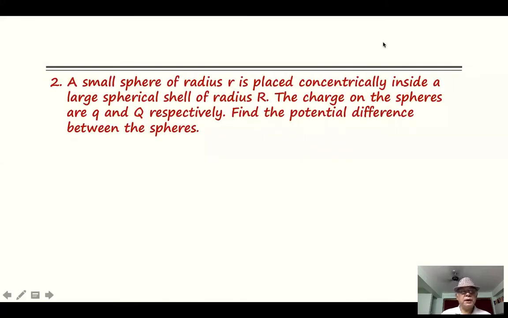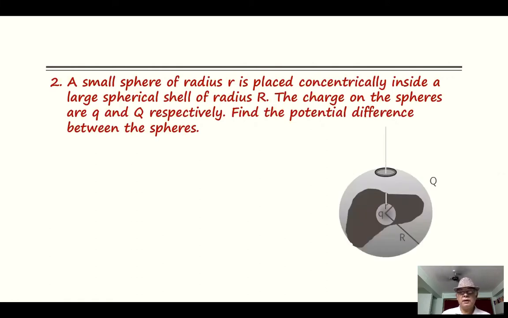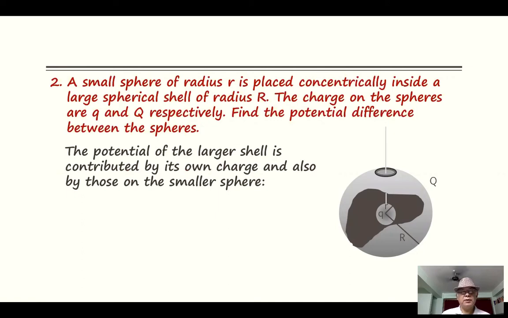Number 2. A small sphere of radius small r is placed concentrically inside a large spherical shell of radius capital R. The charges on the spheres are small q and capital Q respectively. Find the potential difference between the spheres. This is the situation in diagram. The potential of the larger shell is contributed by its own charge and also by those on the smaller sphere.